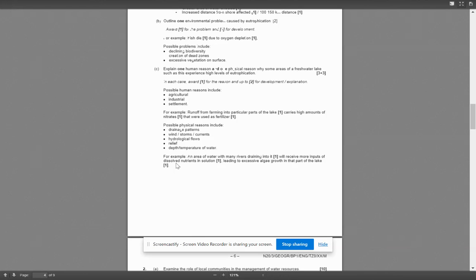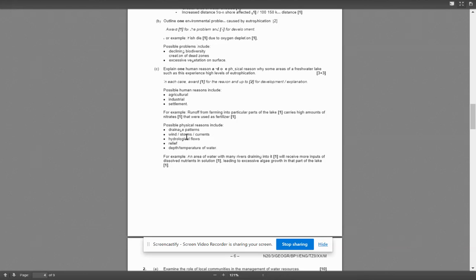That could be things like nutrients that have gone into the water, maybe from agriculture, or maybe from industry. But what the water has done is contribute towards enabling those flows of nutrients to go into the lake, contributing to eutrophication.